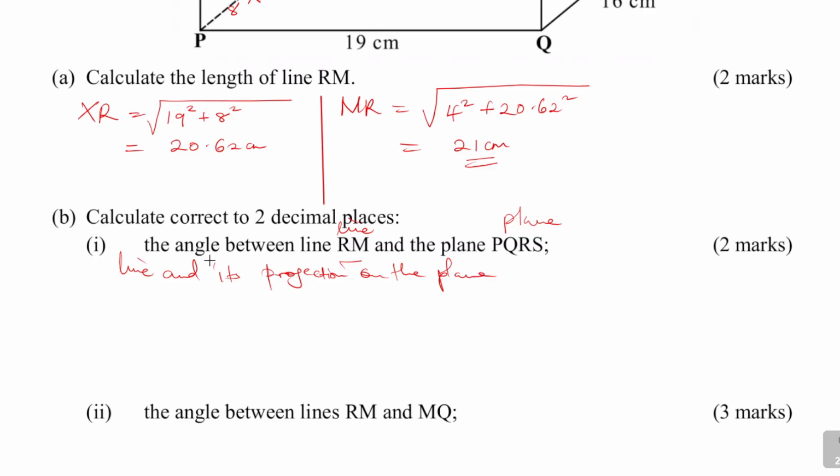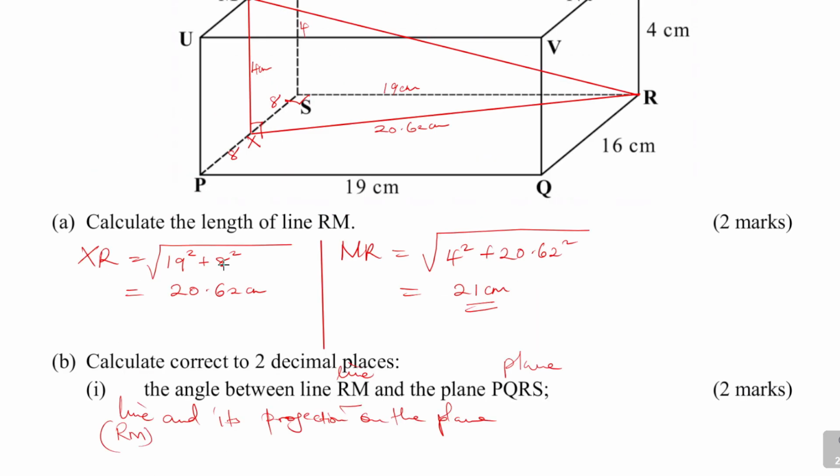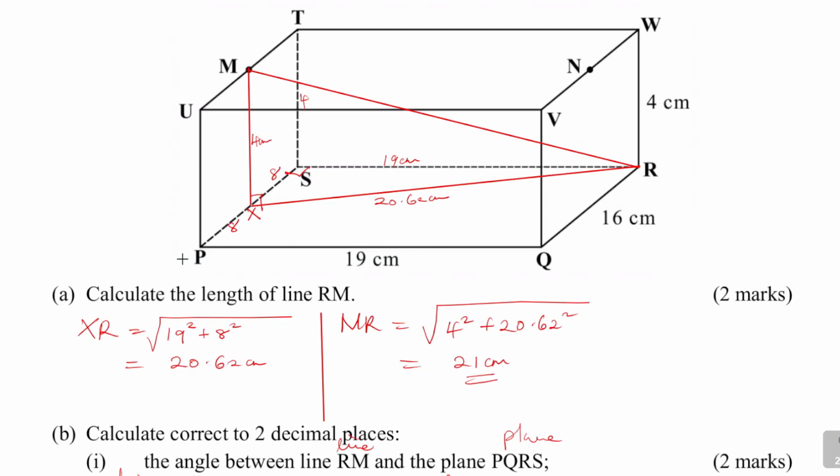In this case, we shall get the angle between RM, that is the line, and its projection. The projection is the shadow of that line on the plane PQRS. And we already identified the projection to be RX. Look at that line, RX. This is the projection of RM.